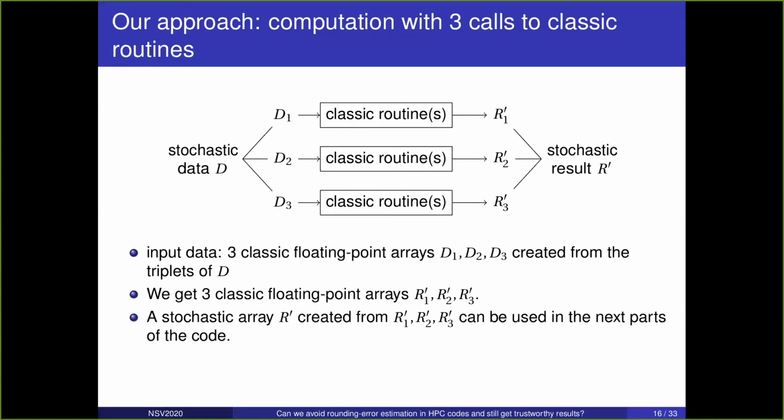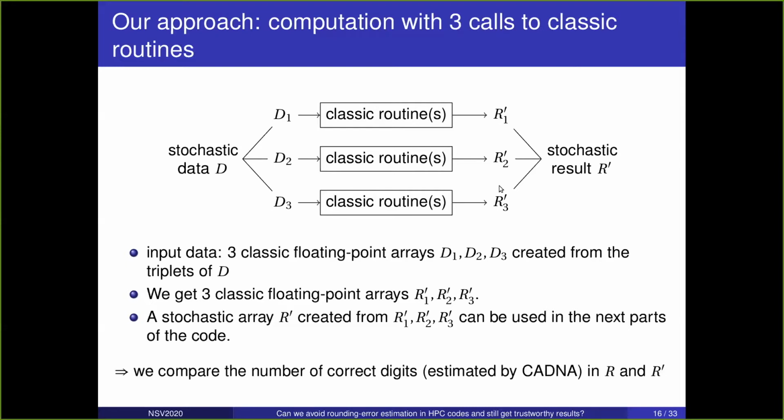These 3 arrays are created from the triplets of D. We perform the computation and then we get 3 classic floating point arrays, and a stochastic array R prime will be created from these 3 classic arrays. And the stochastic result R prime can be used in the next parts of the code that will use Cadna.